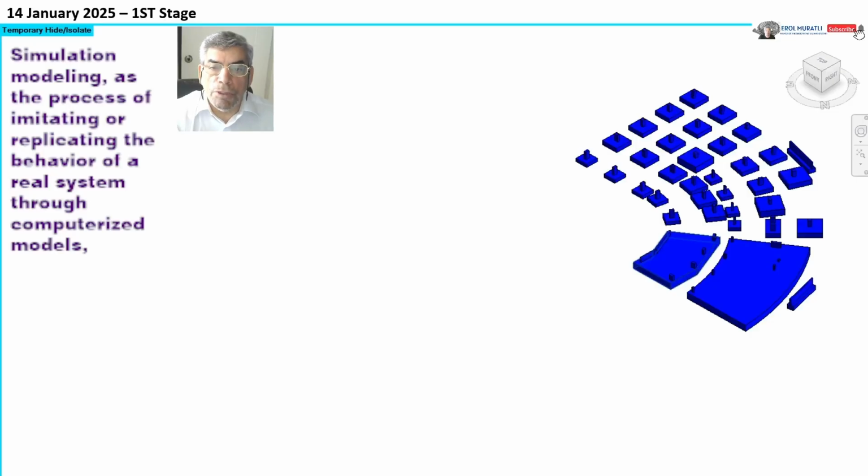Now we will start with the added values which we will gain by using the simulation. Simulation modeling is the process of imitating or replicating the behavior of real systems through computerized models.